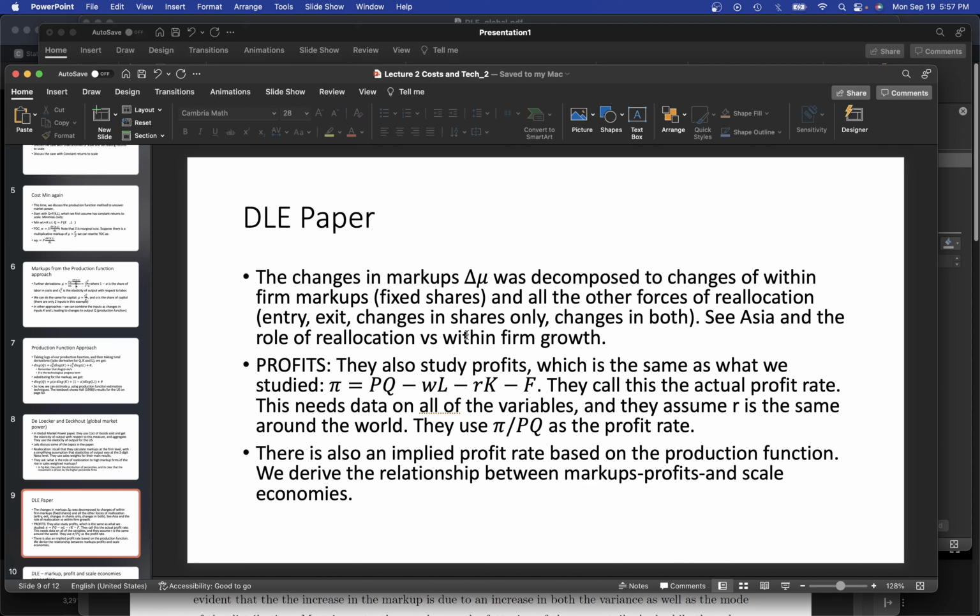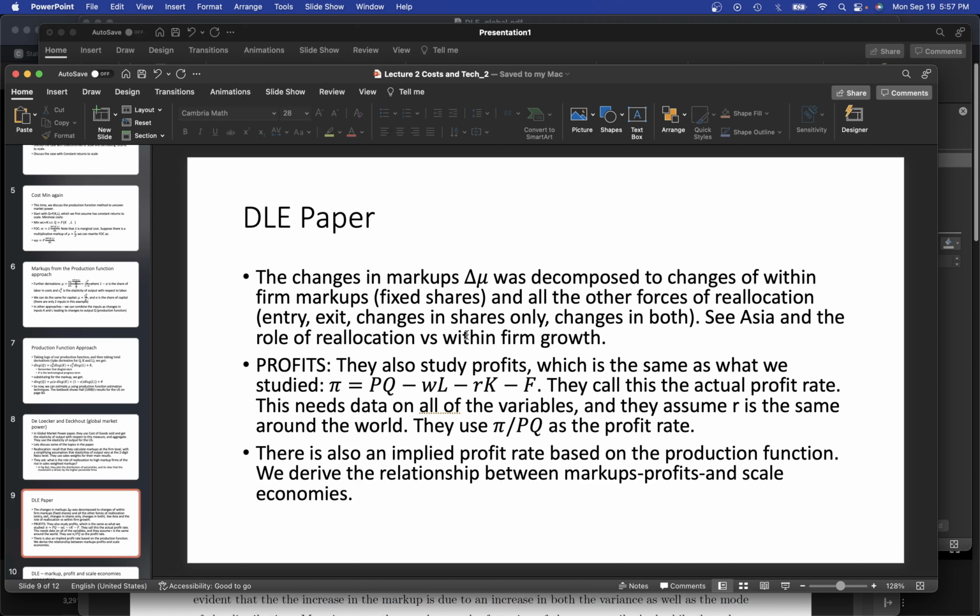Here we multiply both sides, numerator and denominator, by AC. Then you rearrange and move AC to the left, and suddenly the left-hand side becomes P over AC, and the right side becomes AC over MC. Now AC over MC should be familiar, and that's the measure of scale elasticity that we discovered before.